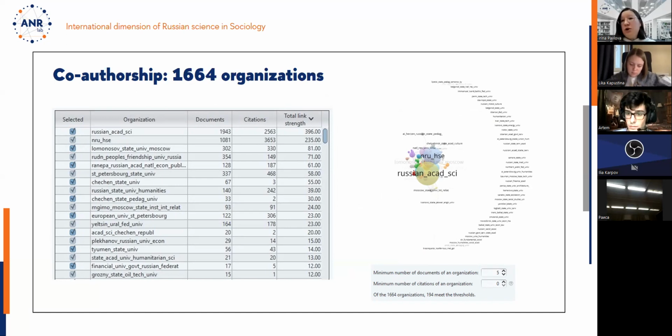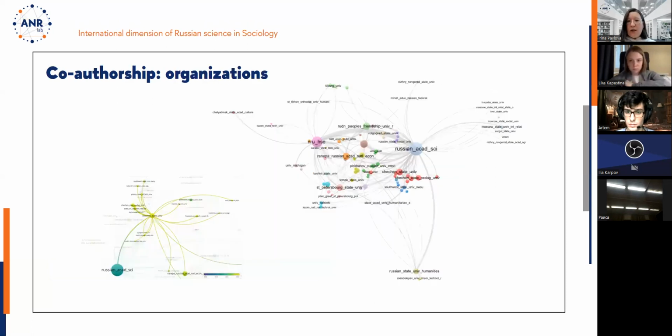So for this research, we merged all institutes and all campuses for the Russian Academy of Sciences and the High School of Economics. We did not study the institutional structure within one organization, but I think this is quite an interesting research question for further exploration, especially if an organization is not limited to one campus or just to one institute.